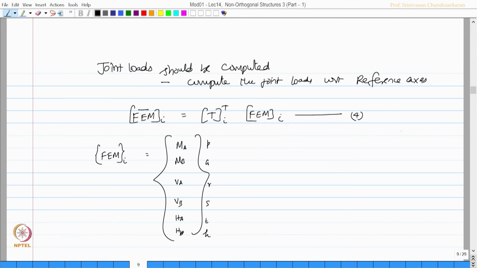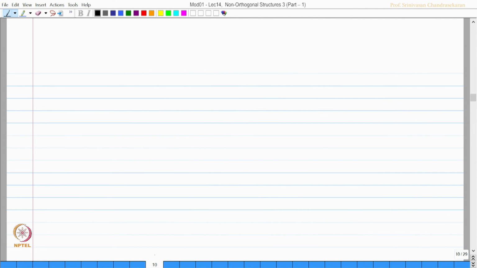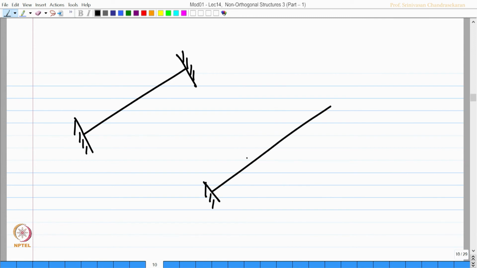Let us try to explain this in a graphical form. Let us make two members. I am drawing them individually, they are parallel, of the same length.